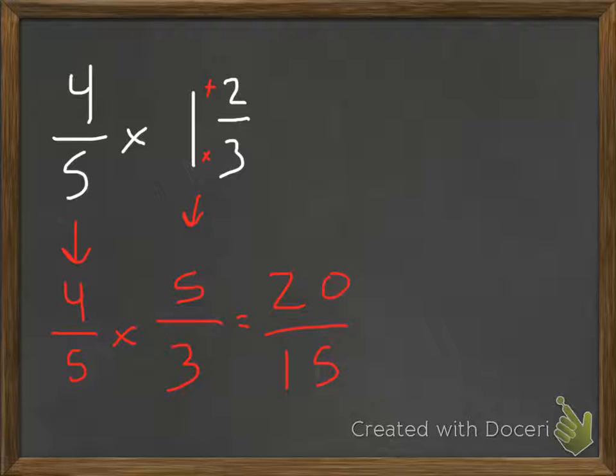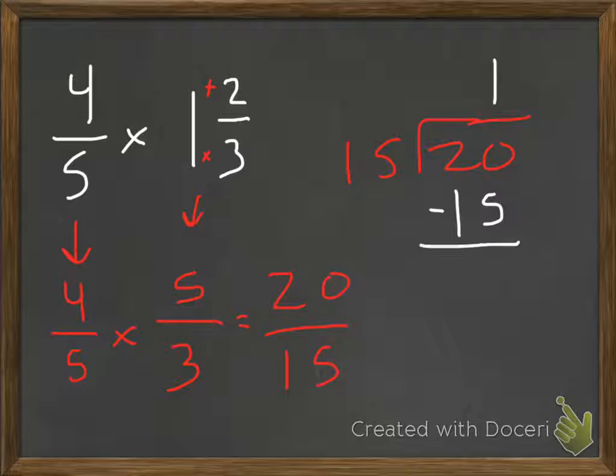Then you're going to change your improper fraction to a mixed number, just like you did in Lesson 2 and just like you did back in Chapter 2. So 15 goes into 20 one time. 20 minus 15 is 5. So 5 will be your numerator. Your denominator stays the same, so it's 15. But then you have to reduce.